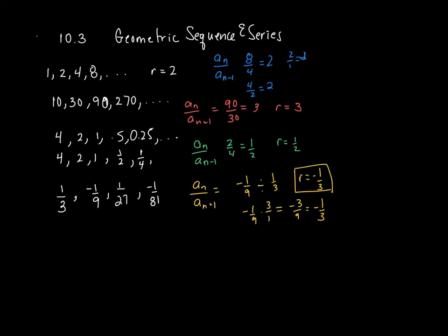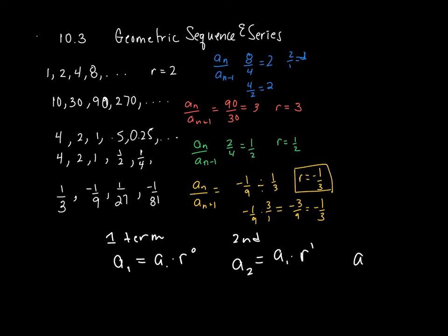So the general sequence: the first term, and the first term again is a_1, would equal a_1 times the ratio 0 times. And then the second term would be a_2, which is still a_1 times the ratio 1 time.